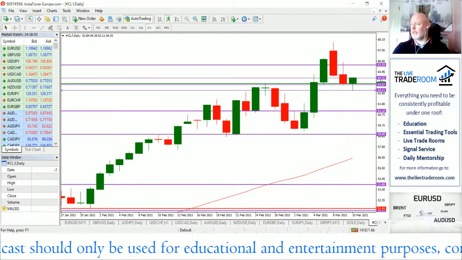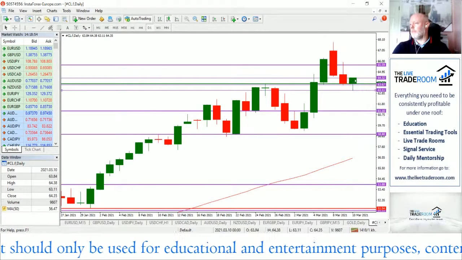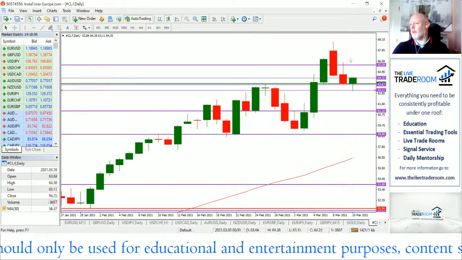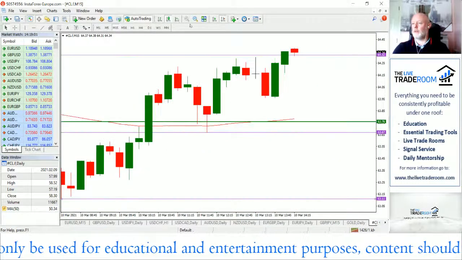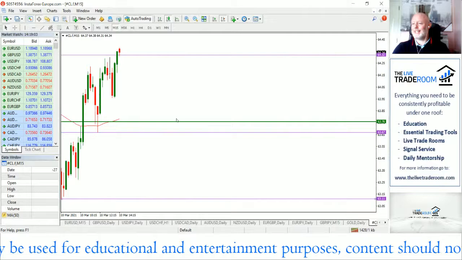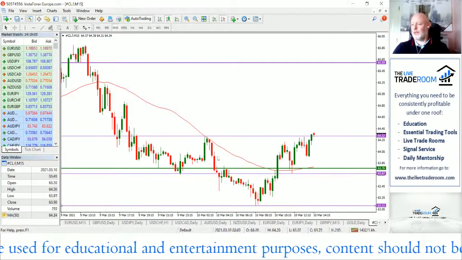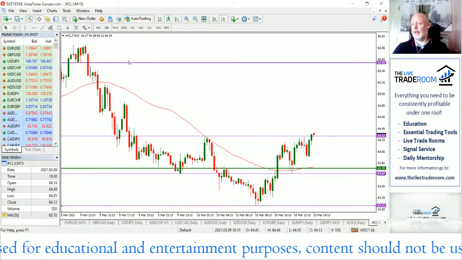So we're currently at 64. So we're talking about a 3-to-1 profitable risk reward, something along those lines, even with an extended stop loss, just to take into account this little bit of volatility in here.